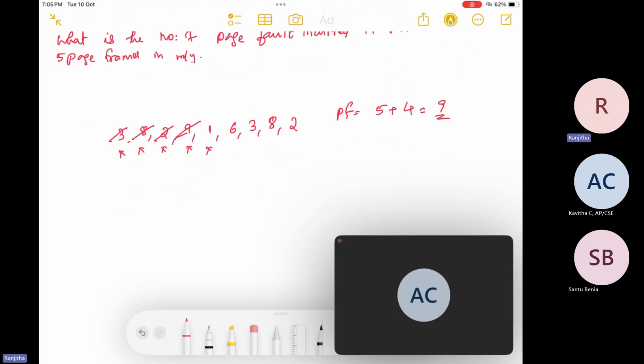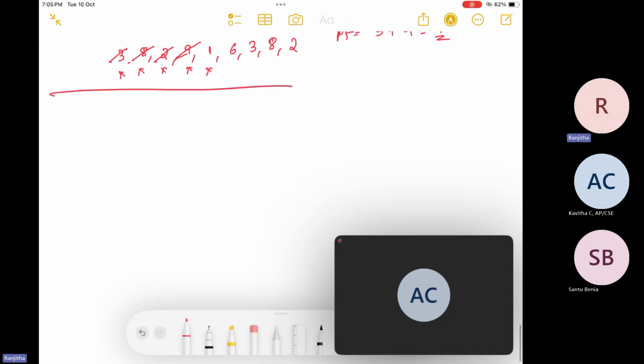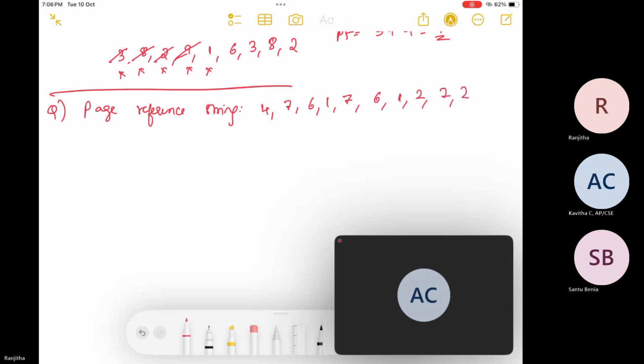Okay, so let's try one more. Hope we won't miss any. I won't miss any reference this time. So the page reference string is 4, 7, 6, 1, 7, 6, 1, 2, 7, 2.